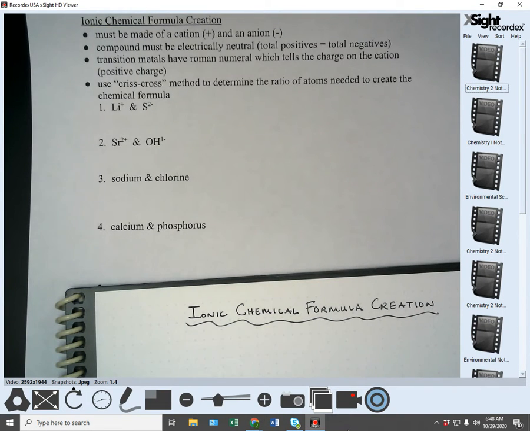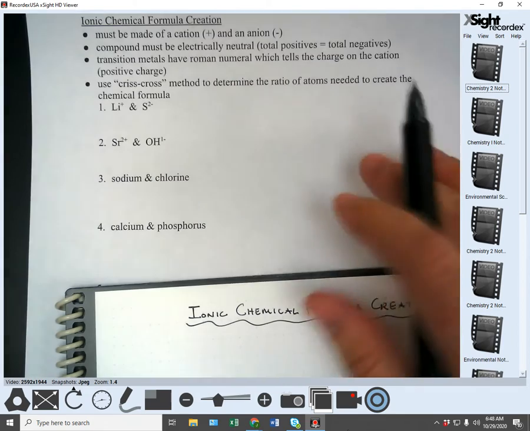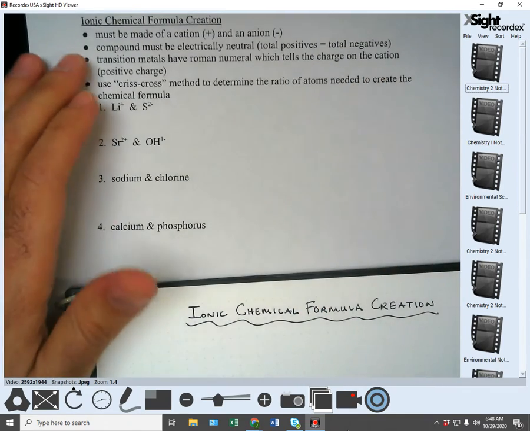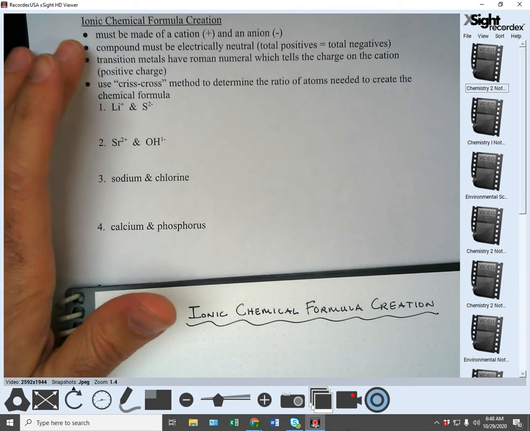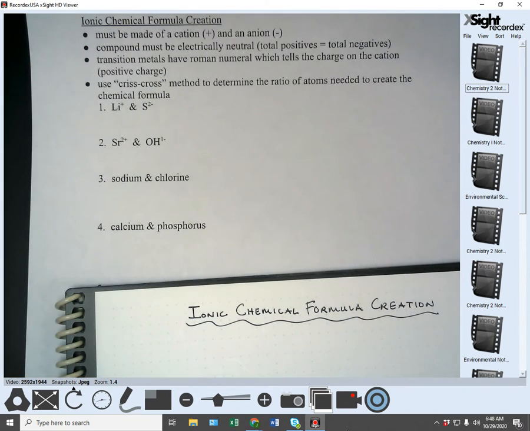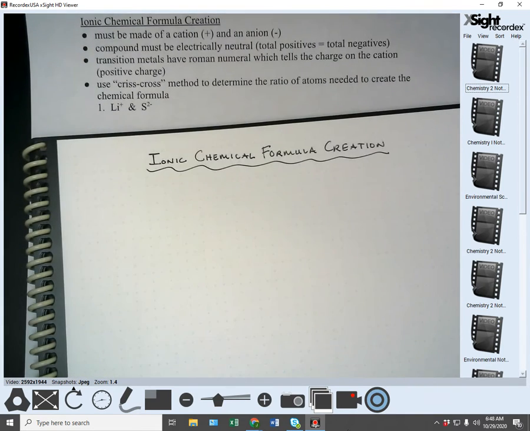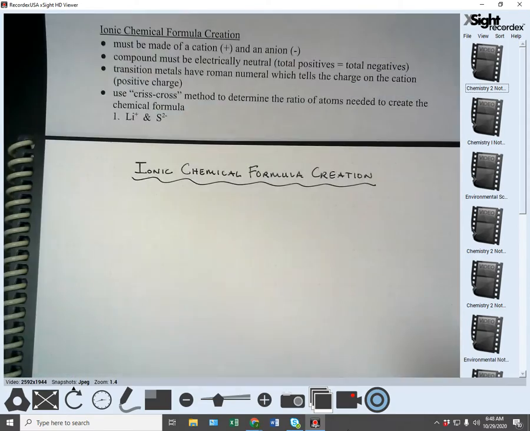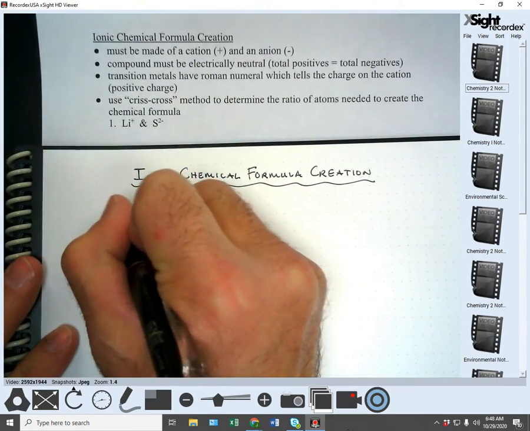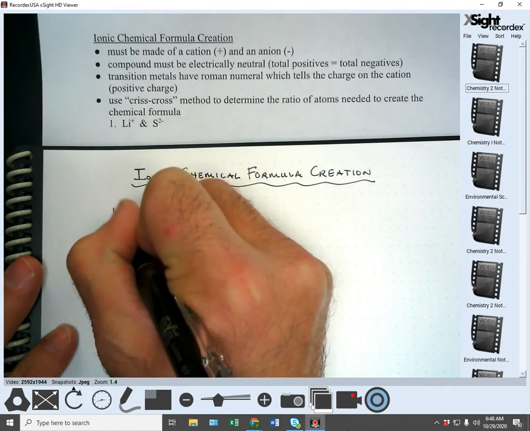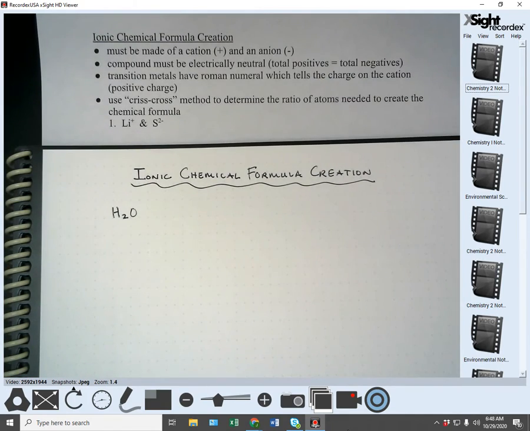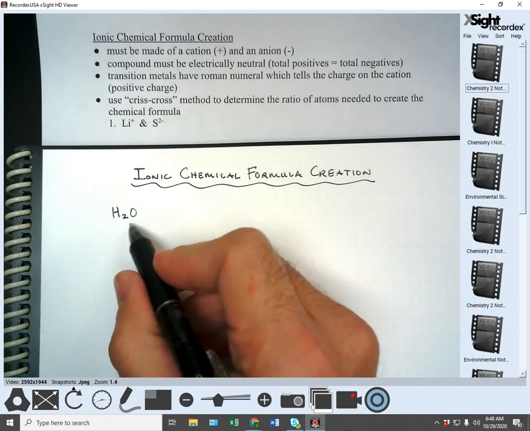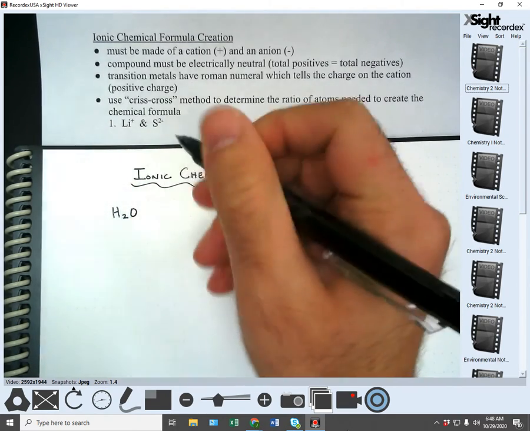Okay, so I wanted to sort of draw out this idea that a compound needs to be electrically neutral. So let's take something that we already know, like water. We know water is H2O, obviously, which means H2O, the subscripts are the number of atoms of each thing.